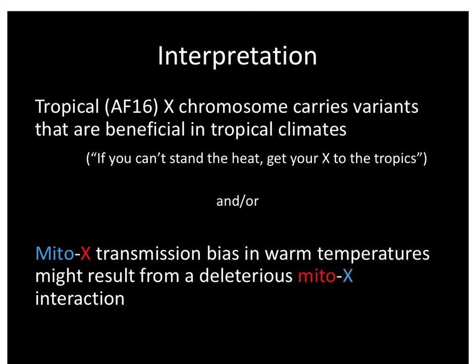That harkens back to the mitonuclear coadaptation model, where if there are genetic variants that are unfit with this combination of alleles, then that would create an apparent bias towards HK104 mitochondria and AF16 X chromosome inheritance.